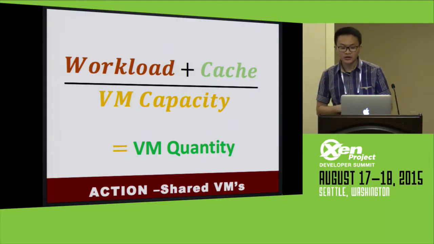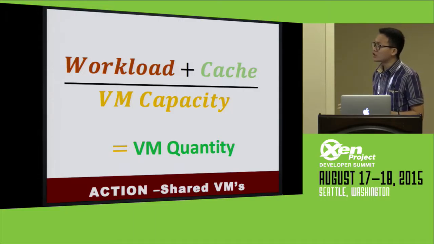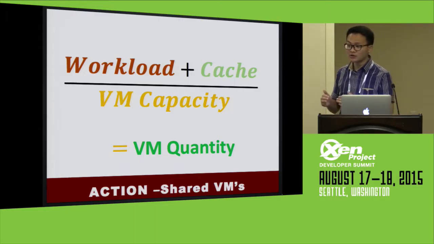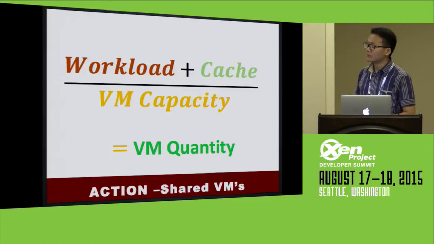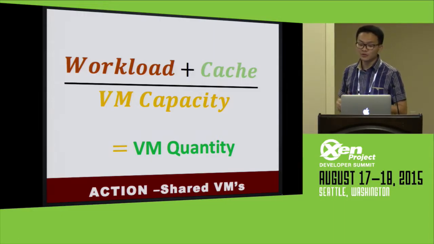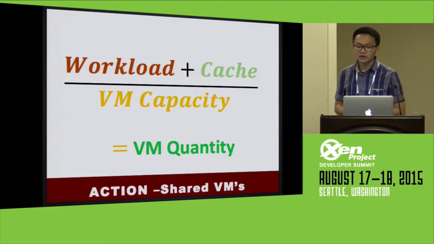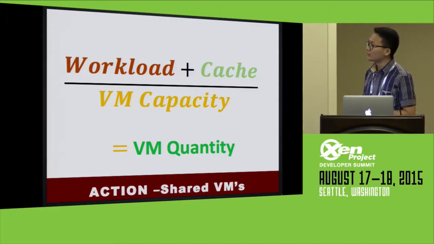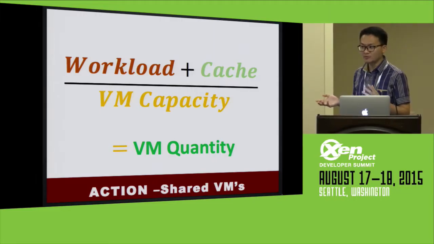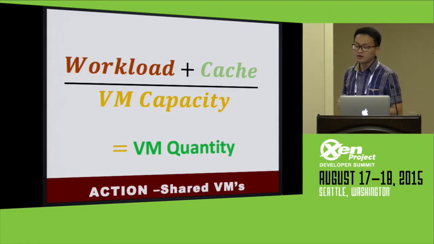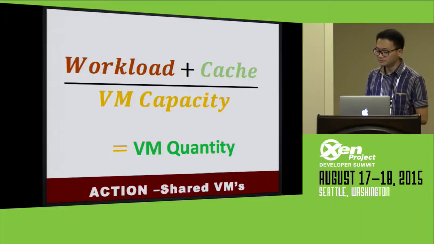So to define a better cache, we need to define a cache for increase and also a cache for decrease, which means we will have two limits for the increase and decrease purposes. With this formula, I think we can have a reasonable number of VMs running in the whole system.